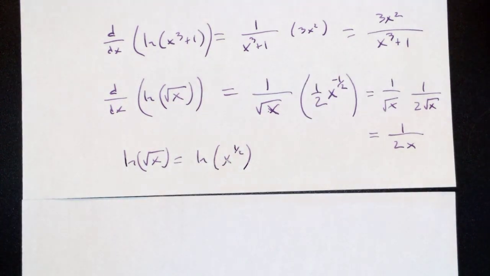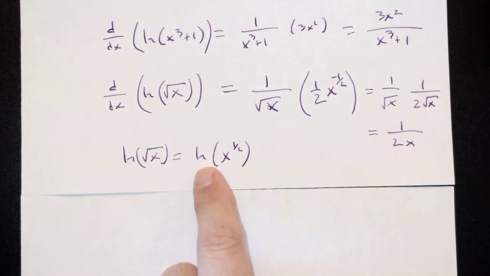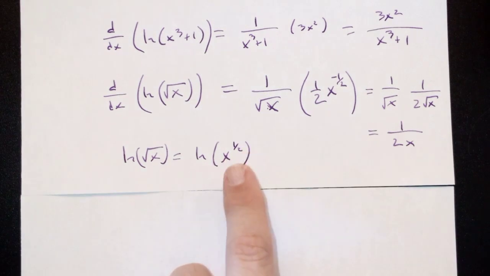Square root's a 1/2 power. When I take a power of a power, I multiply those powers together. The logarithm is asking me about powers. Rules for logarithms say, what can I do with that 1/2? I can move it out in front and multiply by it.